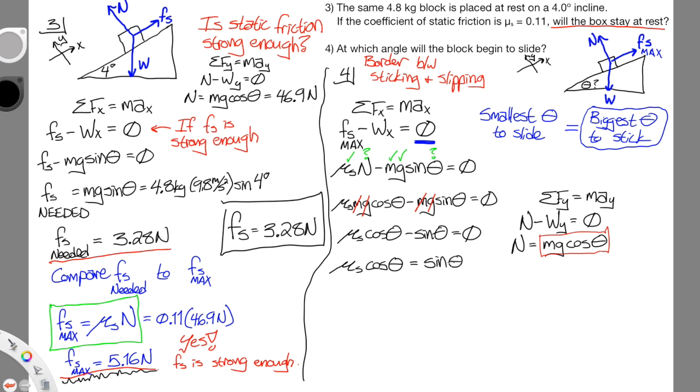So I've added sine of theta to the other side of this equation, and to get the static coefficient by itself, I can divide both sides by the cosine of theta. The sine of theta divided by the cosine of theta is the tangent of theta. So that's a little helpful bit of trigonometry to remember for a type of problem like this.